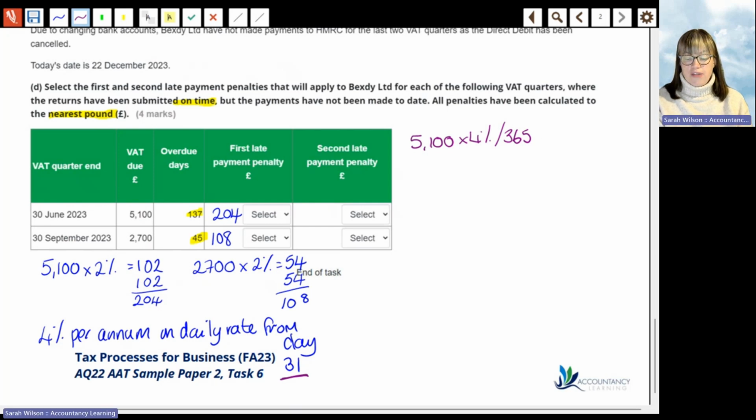So we are then going to multiply that by the difference between 137 and 31, which gives us 59.24, and we're doing it to the nearest pound. So our answer will be 60 from the drop down.